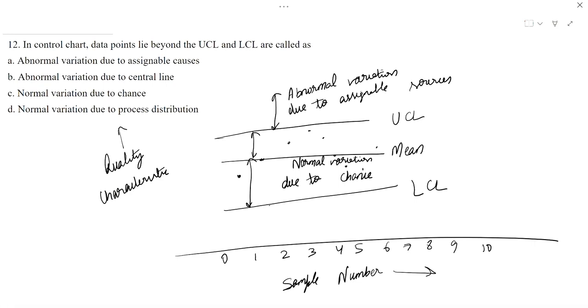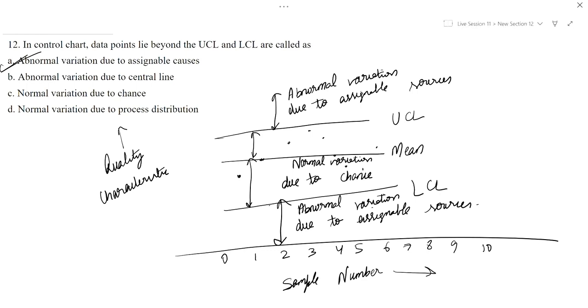Now, here also the same, beyond the lower control limit we have abnormal variation due to assignable sources. So according to this, for data points which lie beyond the upper control and lower control limit, the correct answer is abnormal variation due to assignable causes.